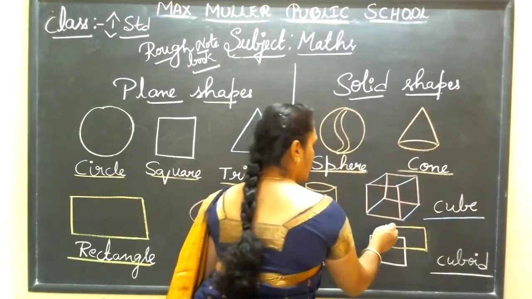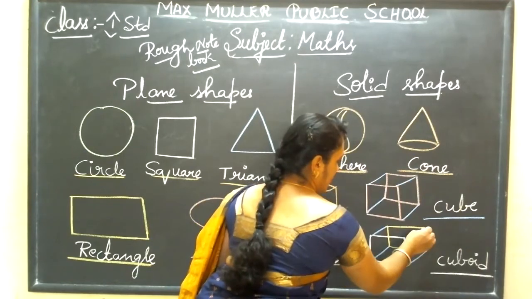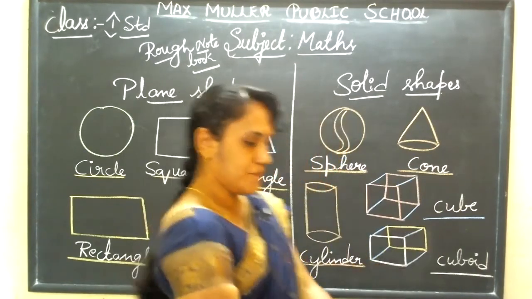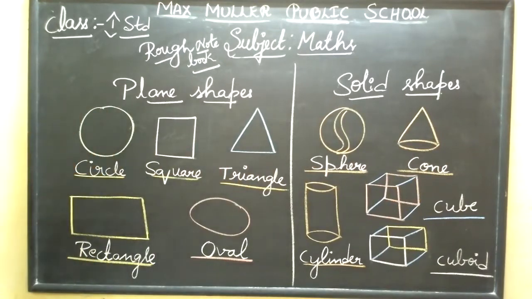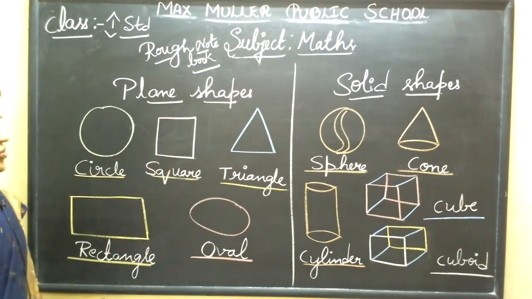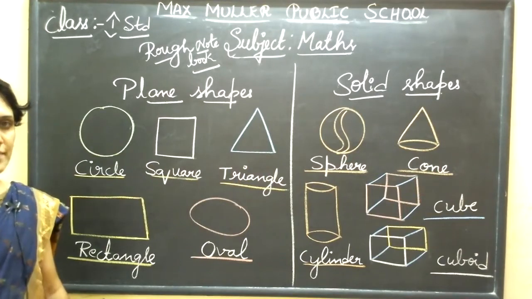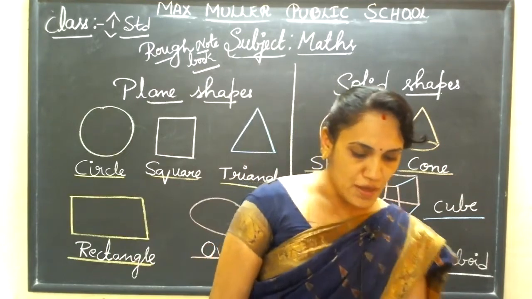Cube means you draw square. For cuboid, you draw two rectangles, then draw the corners. Understand? So, like this, you draw, practice in your rough note neatly. I'll tell and give you now the shape names of the shapes. Okay, spellings also, I'll tell and give you 3 times. Understand, children? Yes. Then you practice it.